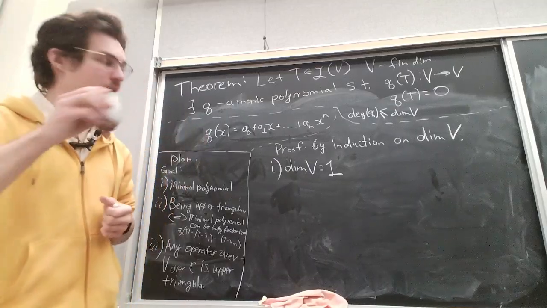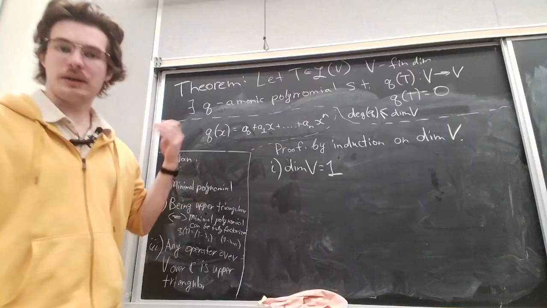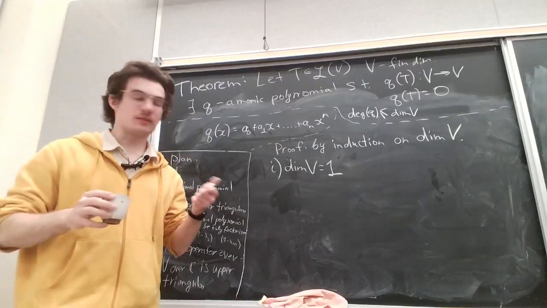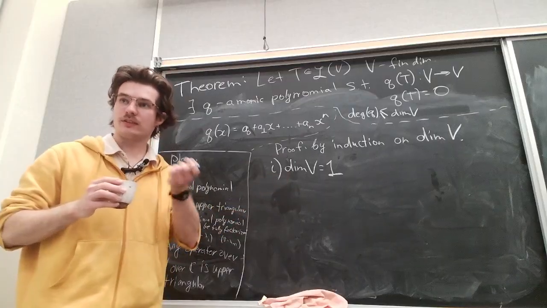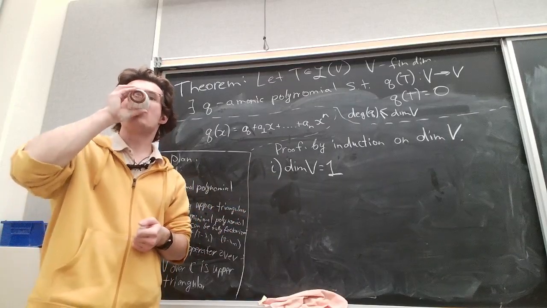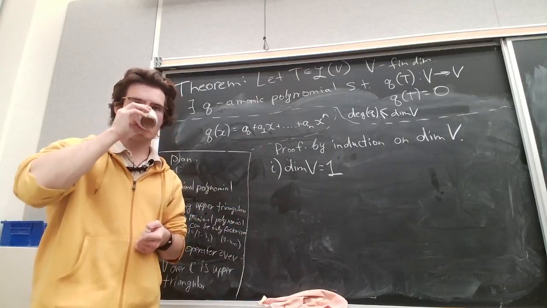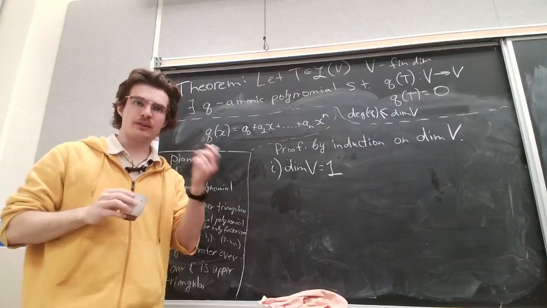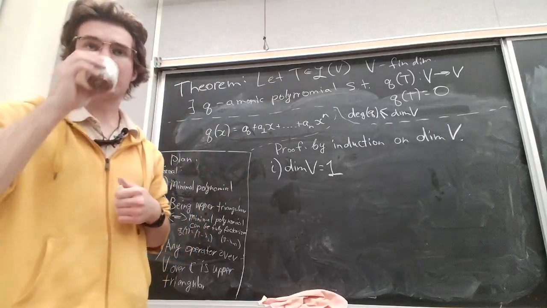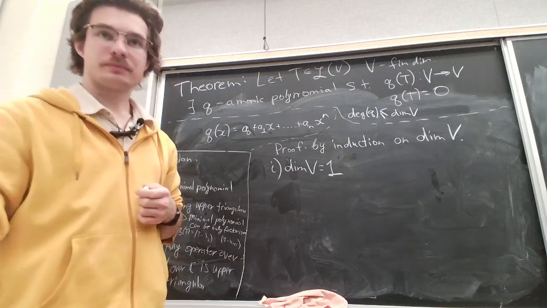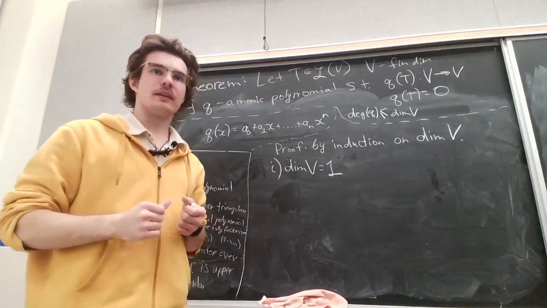Not quite. So let T be an operator on V, right? What does T do, Dylan? If T acts from a one-dimensional vector space back to a one-dimensional vector space, what does it do? Transforms a vector. Yeah, how?